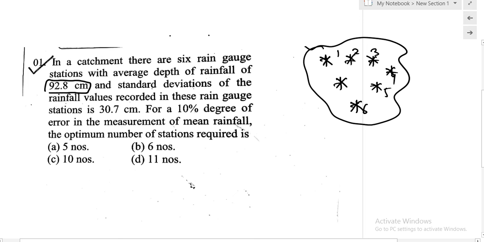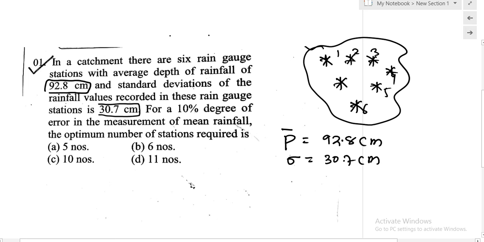92.8 centimeter, and the standard deviation of the values recorded in these rain gauges is given. The mean precipitation is 92.8 centimeter, and the standard deviation of individual rainfall from this mean is 30.7 centimeter.